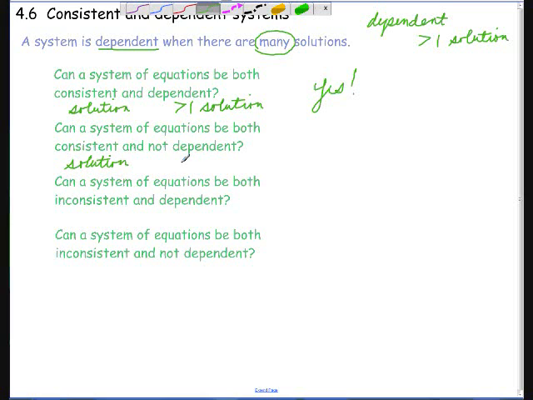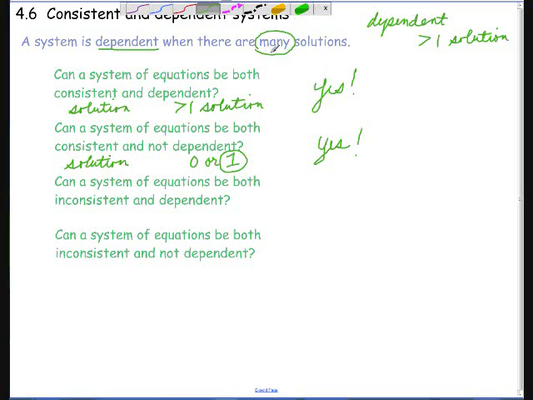Well, not dependent would be either no solution or one solution, because remember, dependent says there are many solutions. So is this possible? Yes, it certainly is, because we could have this happening. We just have one solution, and that is a consistent system, isn't it? But it is not dependent.